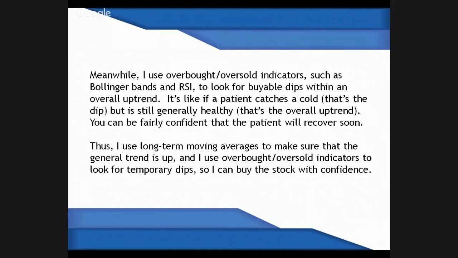It's like if a patient catches a cold, that's the dip, but is still generally healthy, that's the overall uptrend. You can be fairly confident that the patient will recover soon. Thus, I use long-term moving averages to make sure that the general trend is up, and I use overbought, oversold indicators to look for temporary dips so I can buy the stock with confidence.